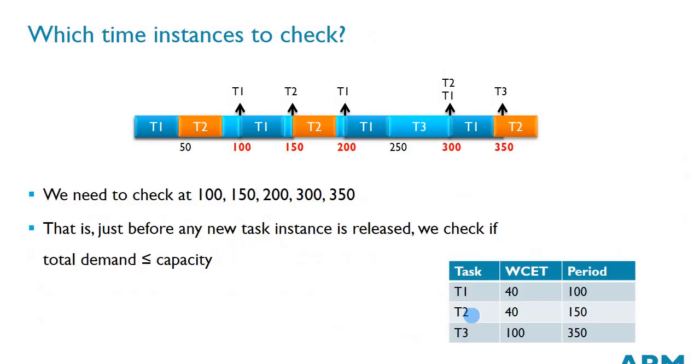So we need to look at 100 and 200, which are multiples of task 1, 150 and 300, multiples of task 2, and 350, which is a multiple of task 3. We need to look at each periodic interval and see if the demand is less than or equal to the capacity. The demand is the computation time required by all the tasks that have already been launched. Capacity is the amount of time that has already elapsed.